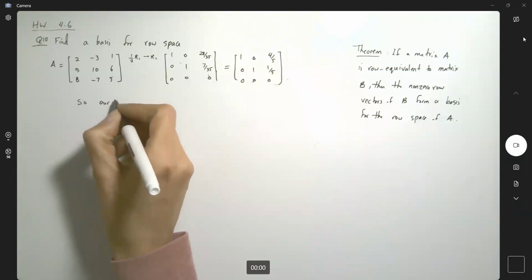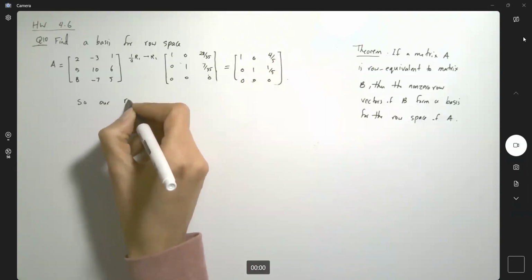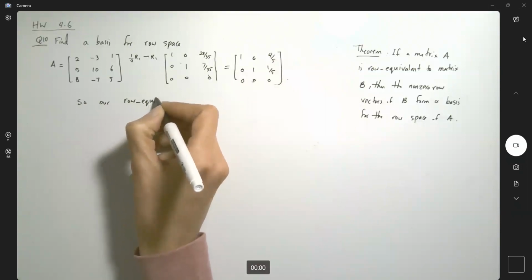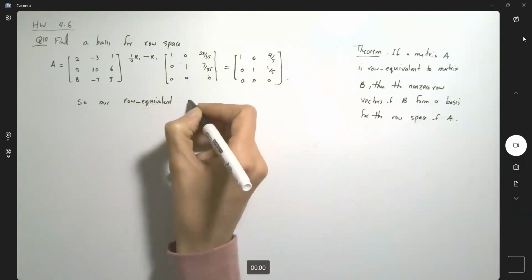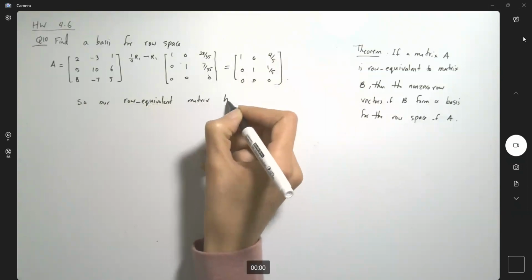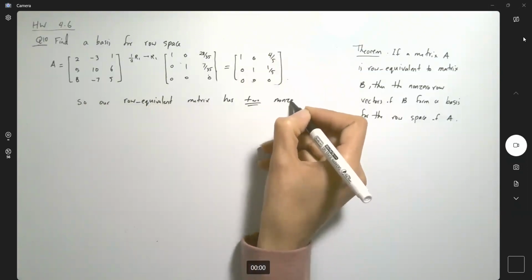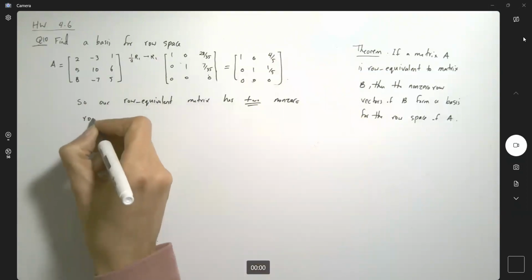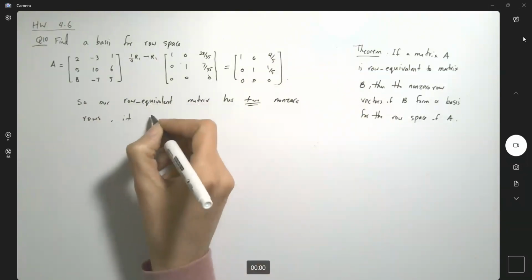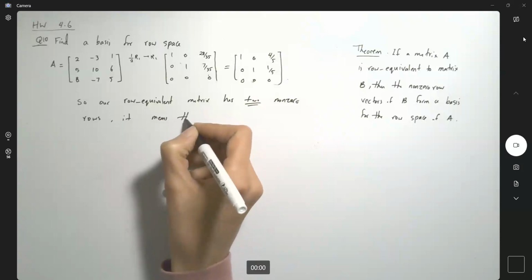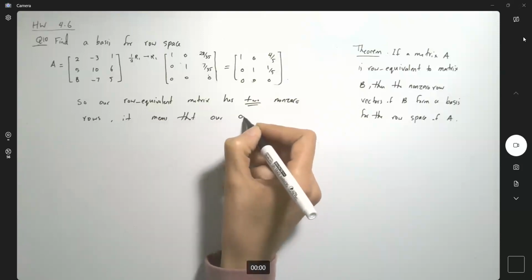So our row equivalent matrix has 2 non-zero rows.